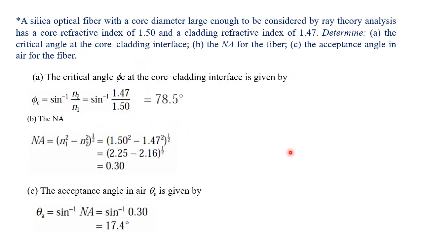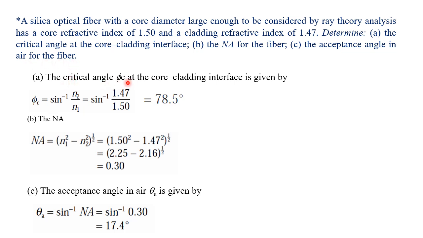Let us have a numerical problem. A silica optical fiber with a core diameter large enough to be considered by ray theory analysis has a core refractive index of 1.5 and a cladding refractive index of 1.47. Determine the critical angle at the core cladding interface, the numerical aperture of the fiber, and the acceptance angle in the air for the fiber.